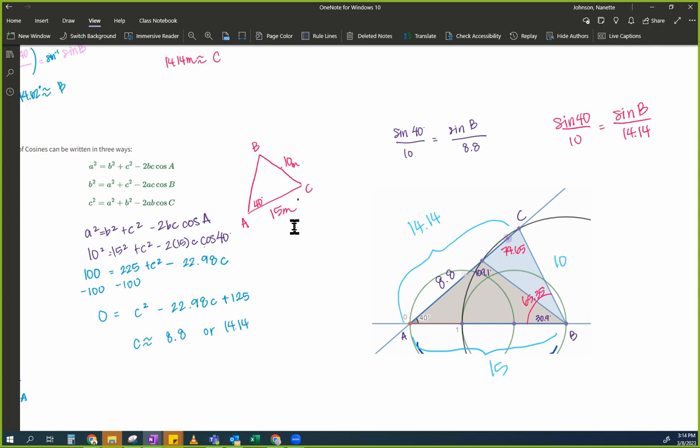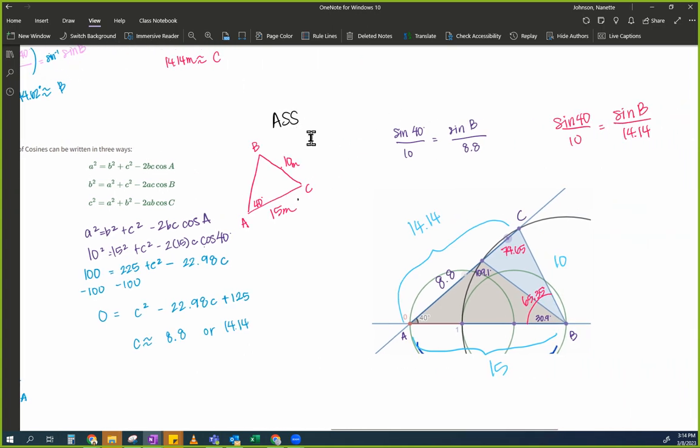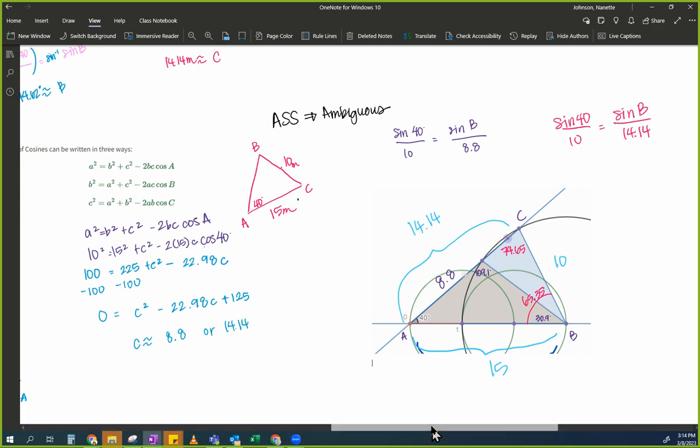And here's why it didn't work, right? Because it technically gives you 2 different triangles. So ASS does not work. In this case, it leads you to the ambiguous case, which means you have 2 triangles.